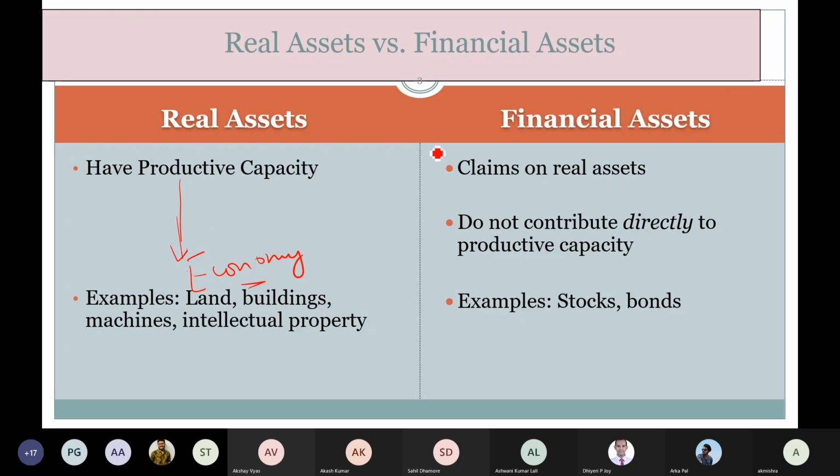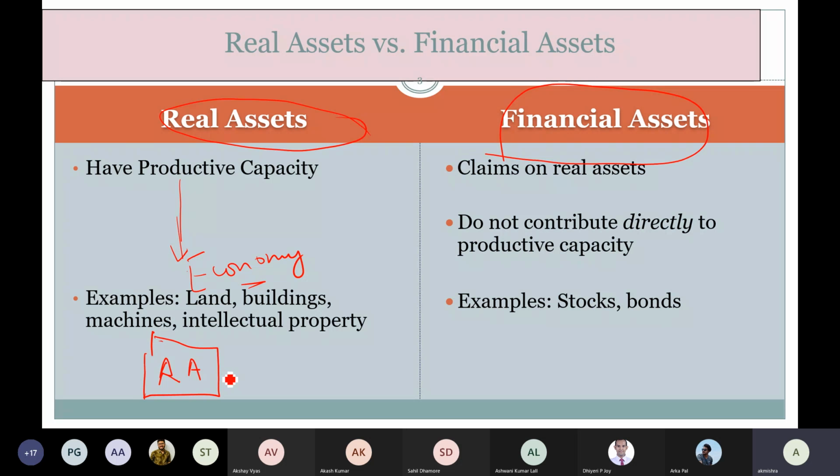And financial assets basically are created because there are real assets. For example, when a company is issuing a share, let's say hypothetically we take that this is the physical asset the company is having. So these you can call real asset.